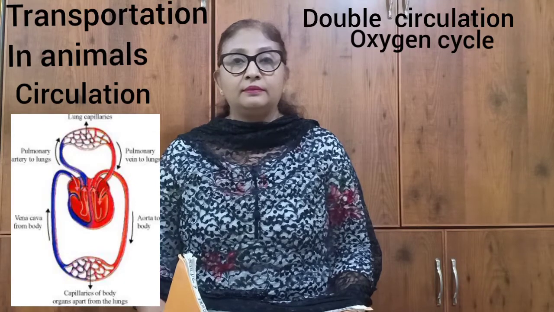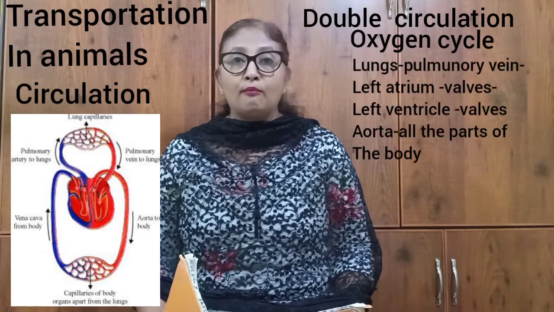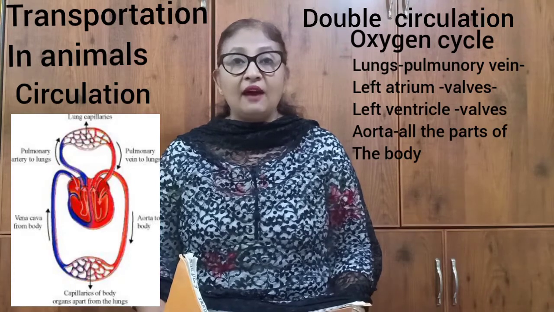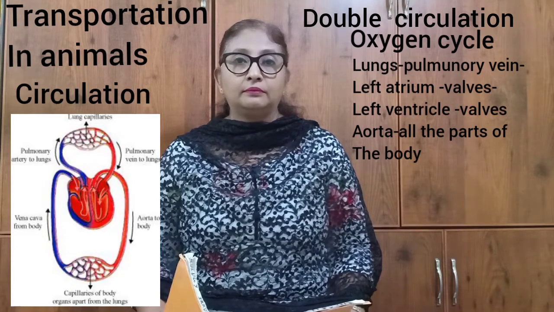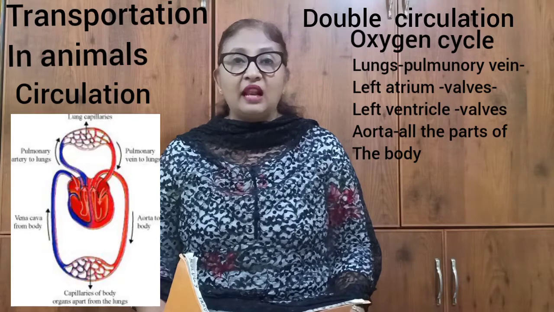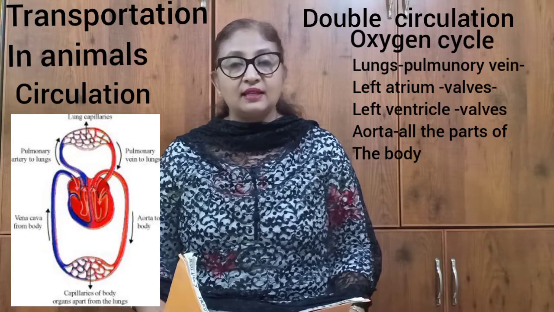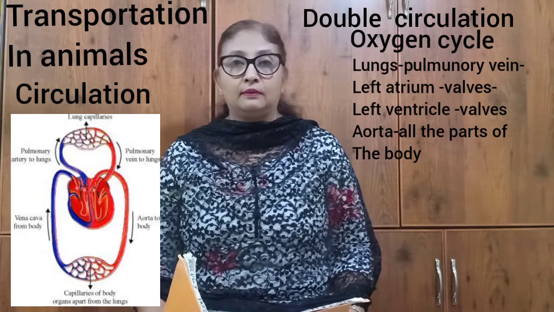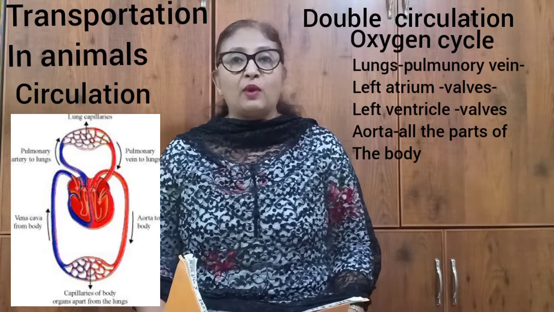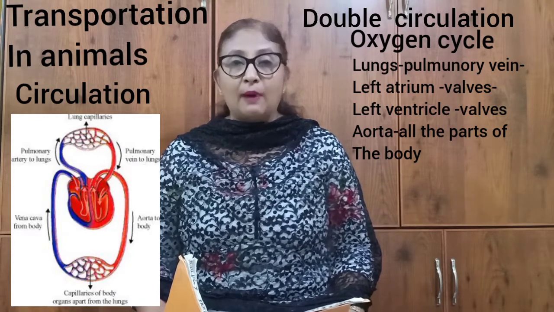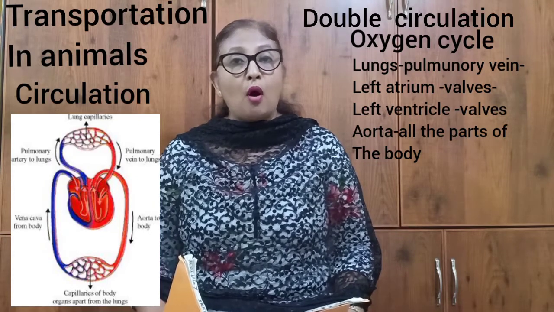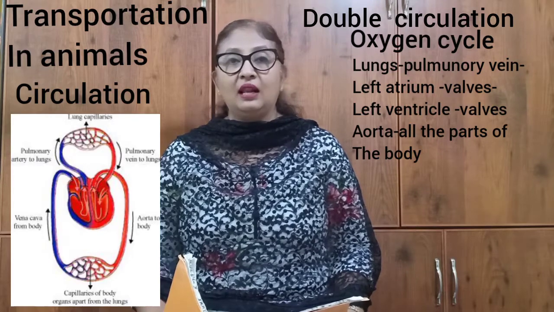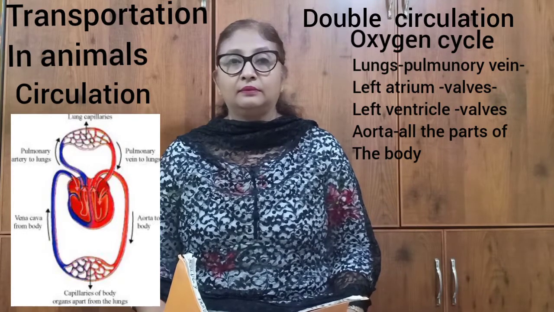Oxygen-rich blood is brought from the lungs to the left atrium, and the left atrium contracts. Blood flows into the left ventricle. From the left ventricle, blood is pumped to all the parts of the body through the main blood vessel, that is the aorta.